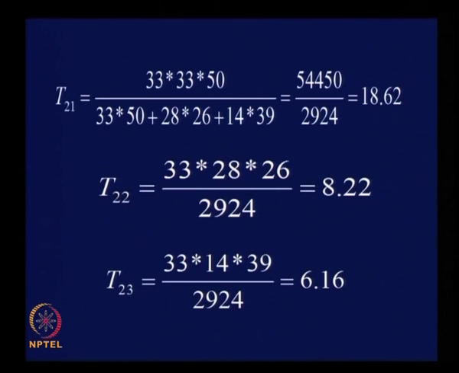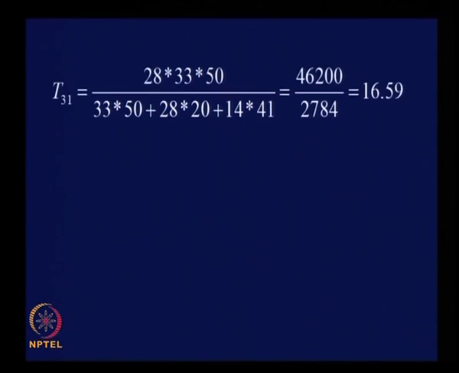Then T23, 33 into 14 into 39 whole divided by 2924, 6.16. So from zone 2 we have trip interchanges of 18.62, 8.22 and 6.16.